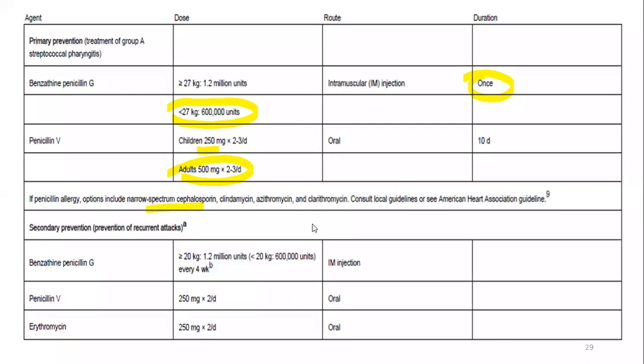Then for secondary prevention, the prevention of recurrent attack, we consider the same doses. I think there is no difference in the doses. Whatever the weight normally dictates, so 250 and 250 can be considered.